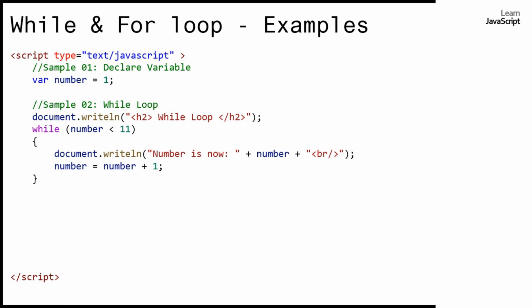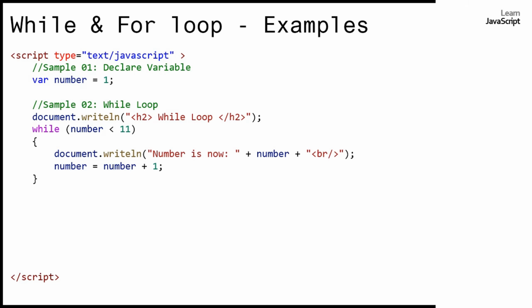The number is initially 1. You can look at code snippet 1. Since the condition 1 less than 11 is true, we enter inside the loop, and the loop body consists of two statements. The first statement prints the number and the second statement changes the number so that the condition can be re-evaluated once again.